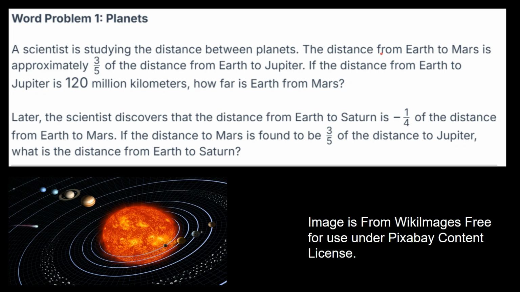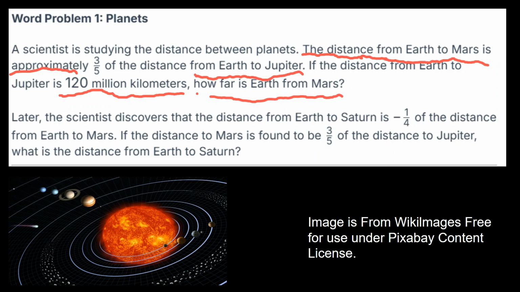The distance from Earth to Mars is approximately three-fifths of the distance from Earth to Jupiter. Now, if the distance from Earth to Jupiter is 120 million kilometers, how far is Earth from Mars? So that's the first question that we need to answer.